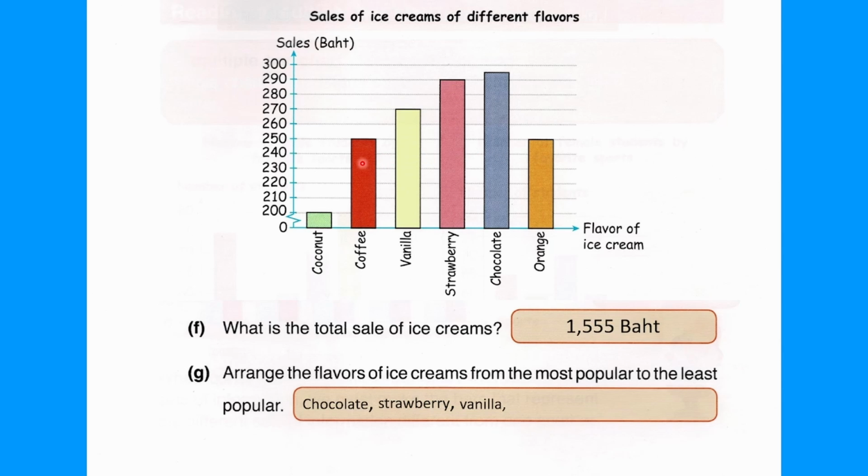But we will write coffee first, because when you read from left to right, you would read coffee before you come to orange. So we write coffee first, then we write orange. So now we only have coconut left. So the least will be coconut.